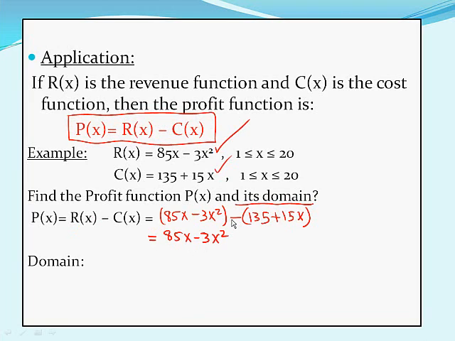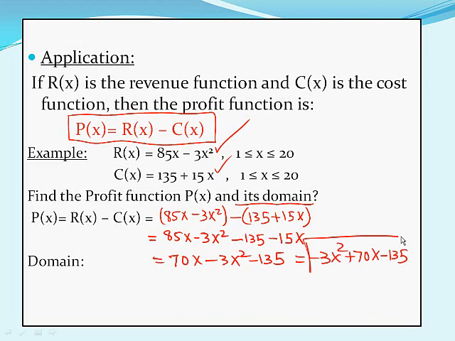Then notice that this negative sign is common to the terms within the parentheses, so we need to distribute that. So negative 135, negative 15x. And when we simplify this, we will get 70x minus 3x squared minus 135. So this will be the profit function p of x.